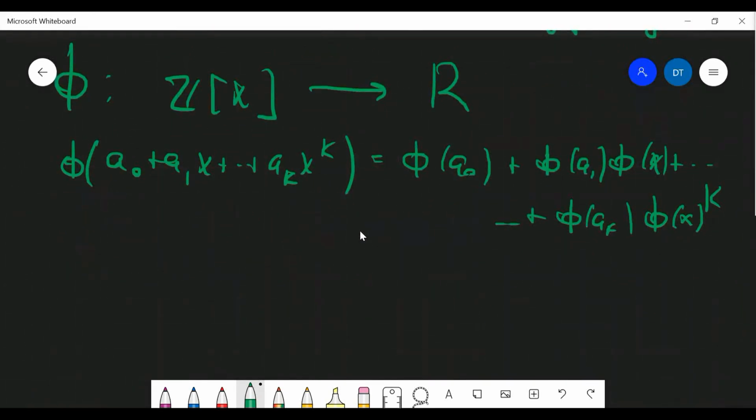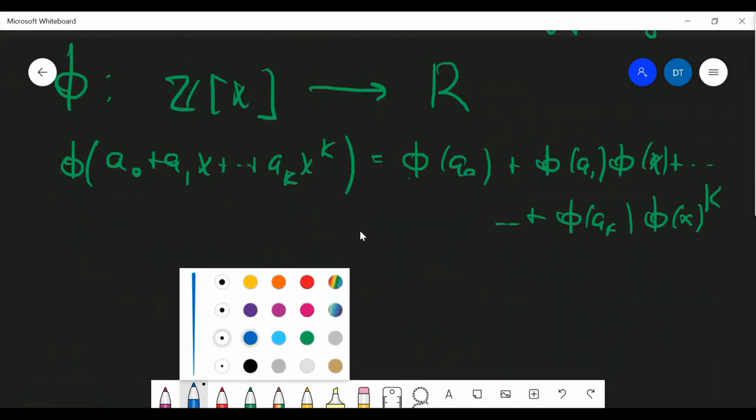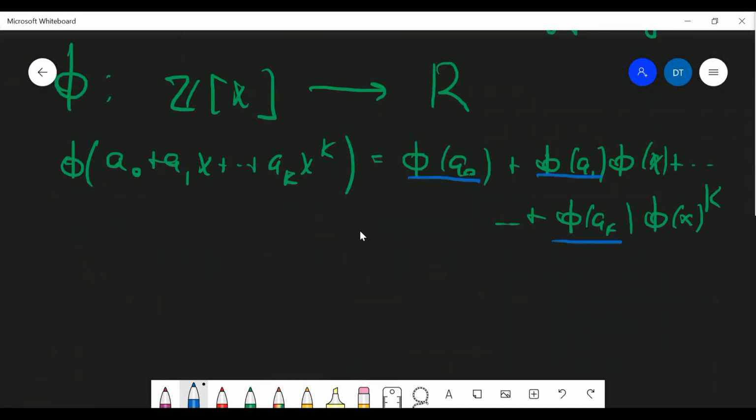Now, let's see what happens with all the coefficients. You see a0, a1, ak, they are integers. So actually, what we have here is a homomorphism from Z to R, which takes each element a to phi of a.